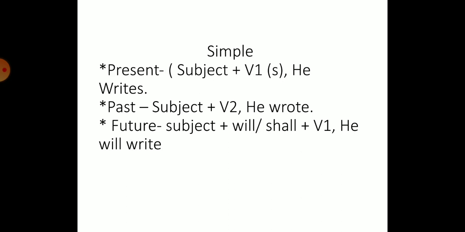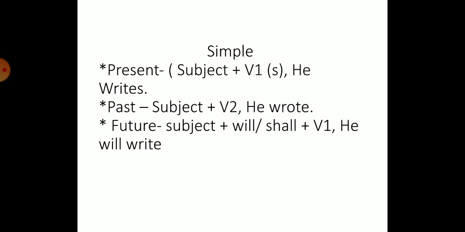Remember, students, what is the verb's first form? Yes, it is the present form. Sometimes we have the letter s. For example, he writes. But suppose I had used the subject I, shall I write writes? No, it's wrong. He writes, but I write without the s.